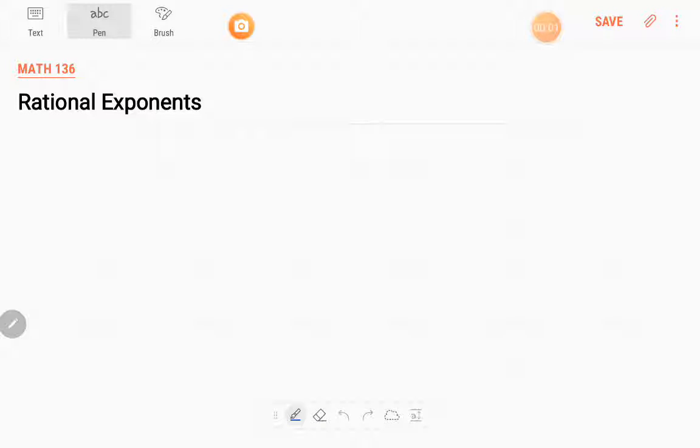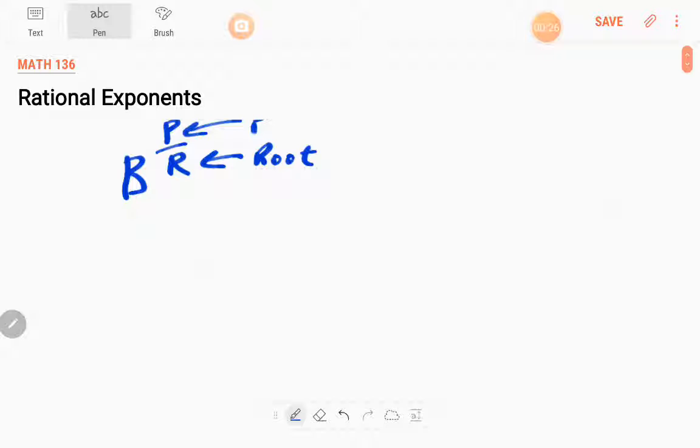In this video, we're going to be doing rational exponents. So if we have a base raised to a fractional power, then the denominator of the power is the root, and the numerator would be the power.